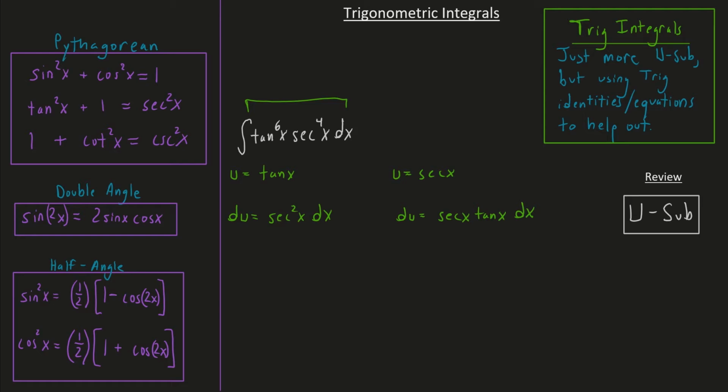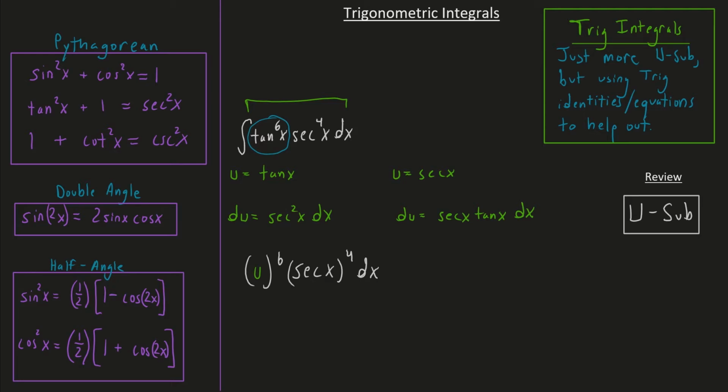Well, if I make my u is equal to tangent, I have 6 tangents here. Well, that would just be easy as u to the 6th. Alright, great, but I still got to get rid of 4 of these secants, as well as the dx.